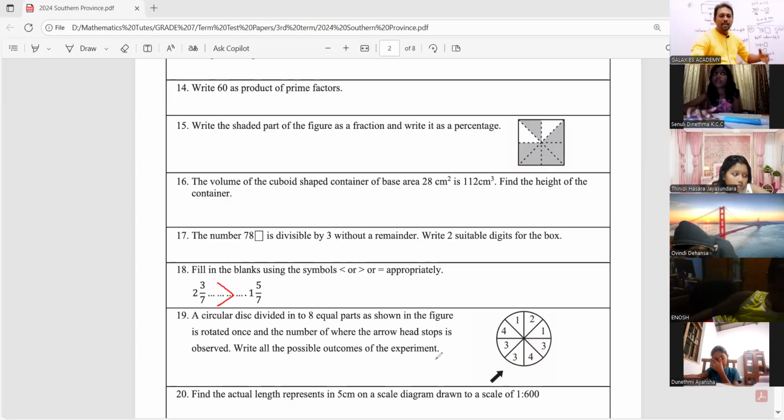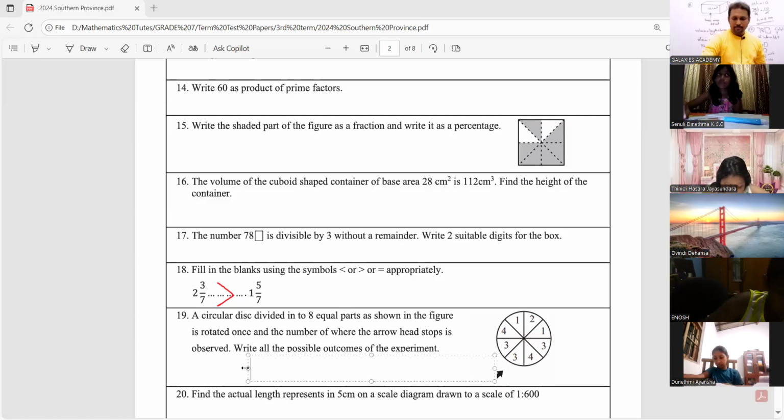It asks us to write all the possible results that can be obtained. What are all the possible outcomes here? Getting 1.